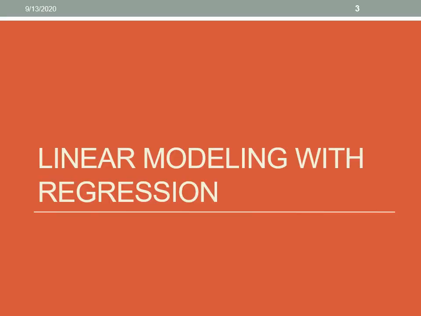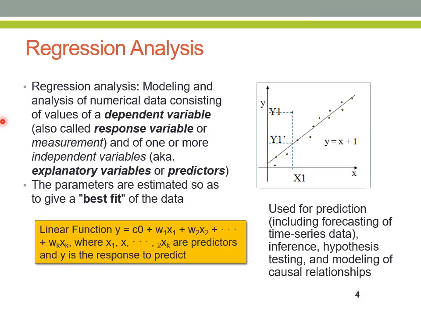So first we're going to talk about linear modeling with regression. Regression allows you to estimate how a dependent variable changes as the independent variable or variables change. Input variables are called predictors. They are typically numeric and continuous, and the output variable, also called the response variable, is also typically numeric and continuous.